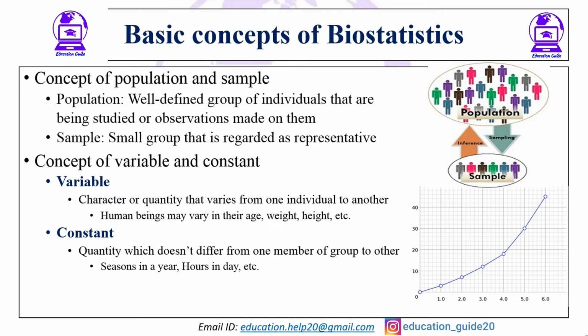Constant is any quantity whose value is universal and does not change from one member of group to other. For example, seasons in a year, hours in a day, value of pi, etc. All these things do not change from one individual to other.